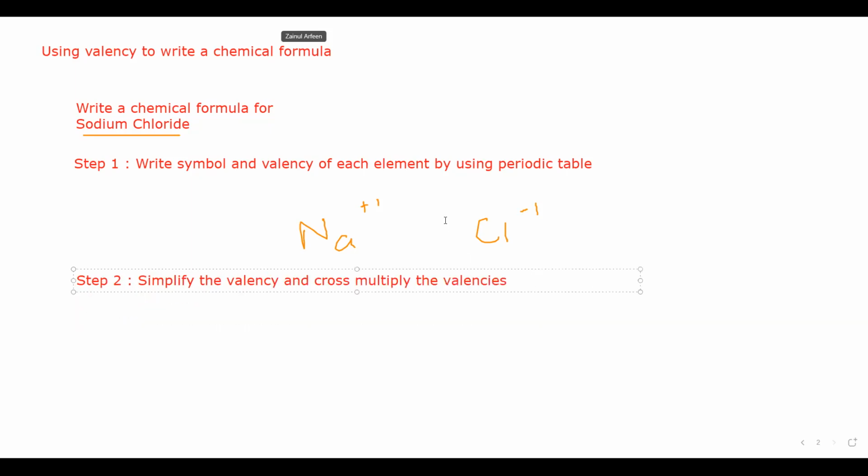So first we'll simplify the valency. The term simplify means you will take the simplest ratio. But 1 and 1 is already in the simplest ratio. You cannot further simplify 1:1. So in this example, they are already simplified.